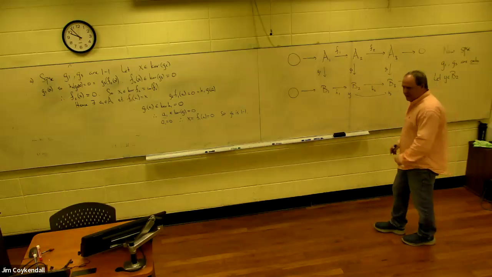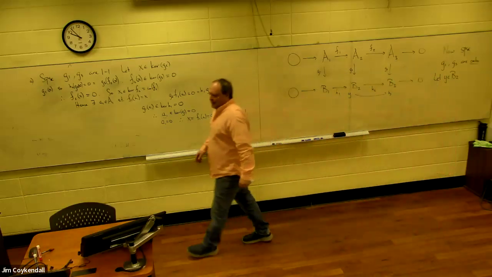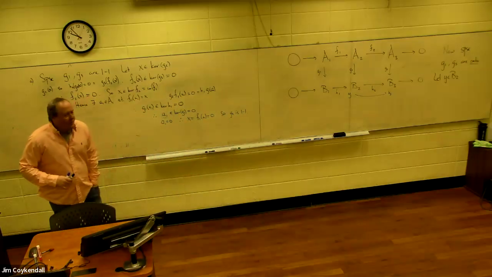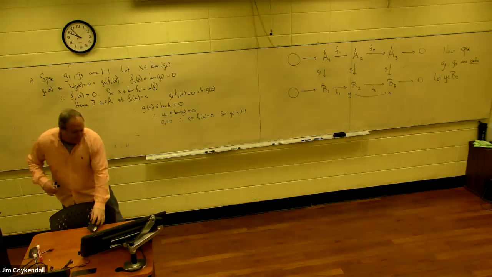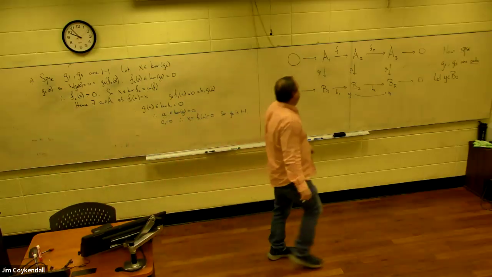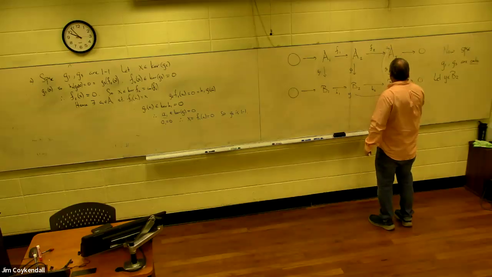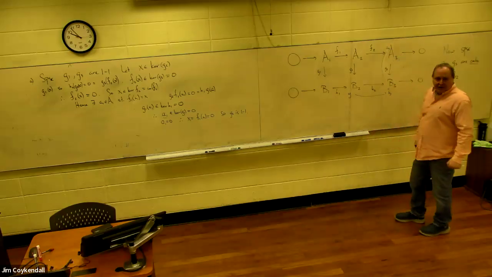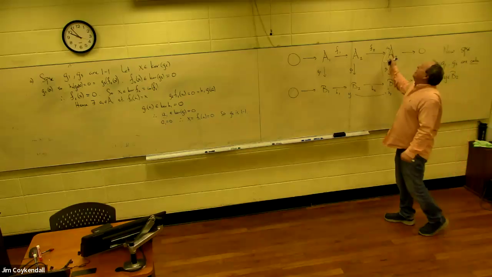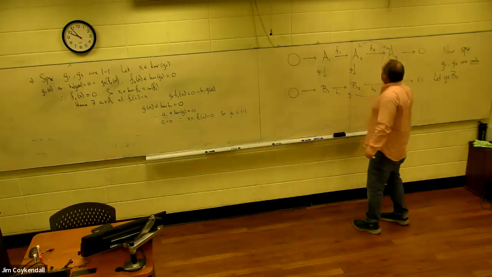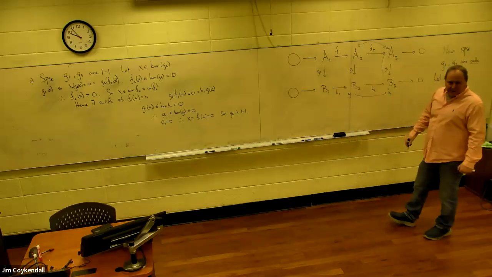I agree with you. And I don't know much, but I do know that that last map G3 is onto, right? So there's an A3 that goes to B3 because this is onto. This is onto, so there's an A2 that goes here. Everybody agree with that?